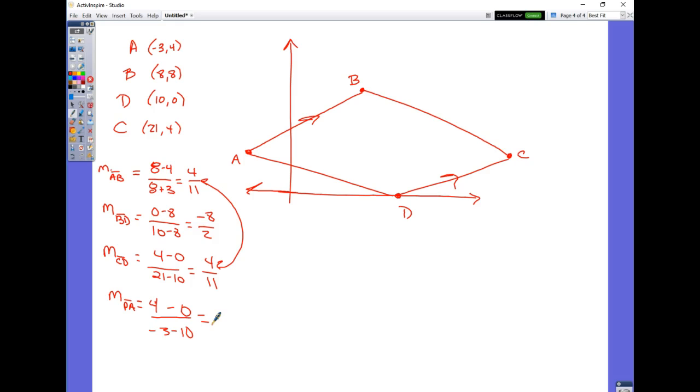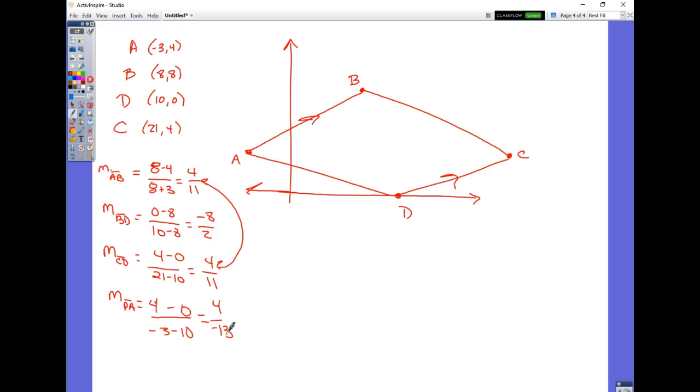DA, we look, this happens to be 4 over -13. That's BD, right? Yes. 8, 0 minus 8, 10 minus 8. Like that. Yes. Cool. Making sure that I've got these all set up.